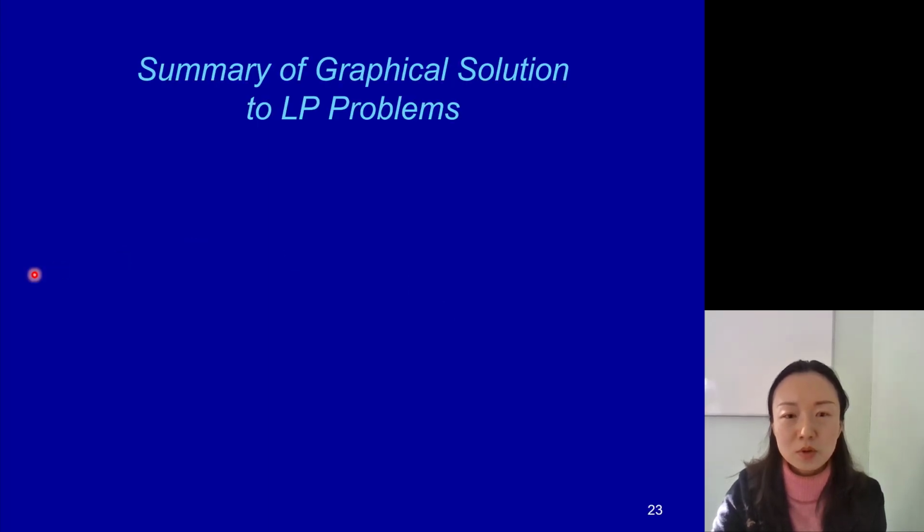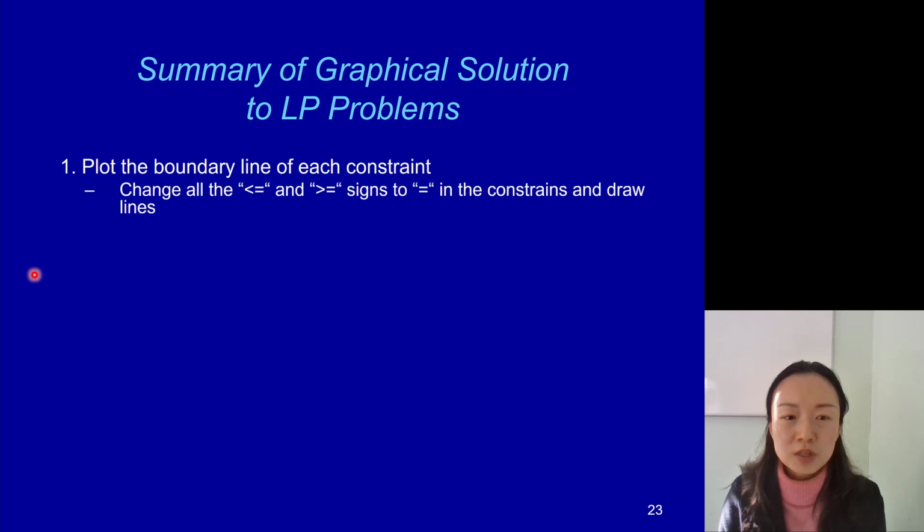Okay, so let's summarize using the graphical method to solve LP problems. The first step is we plot the boundary lines of each constraint. We change all the less than or equal to constraints and greater than or equal to constraints into equations, so we can draw lines based on the equations.